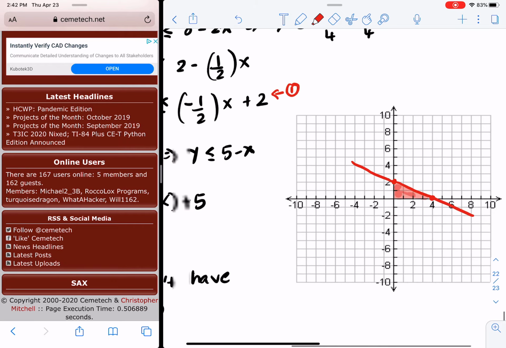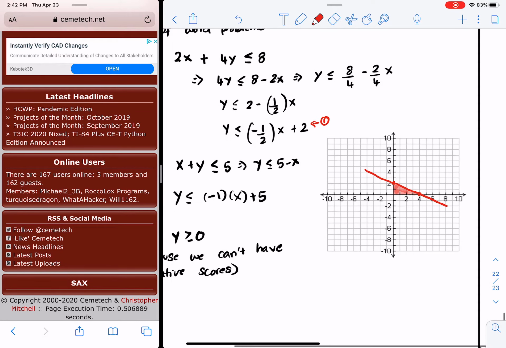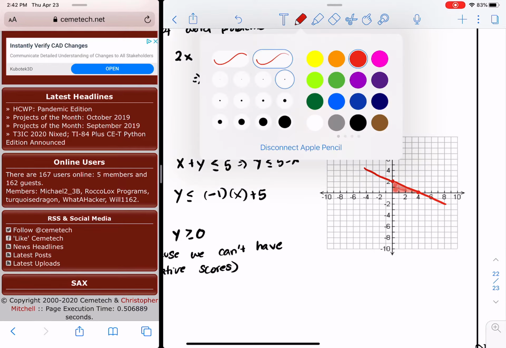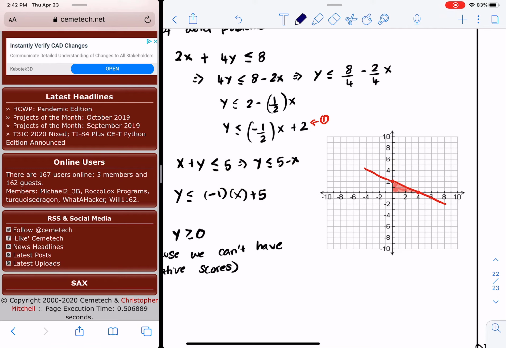The next constraint is y less than or equal to negative x plus 5. So the y-intercept is 5, and the x-intercept is 5 as well.